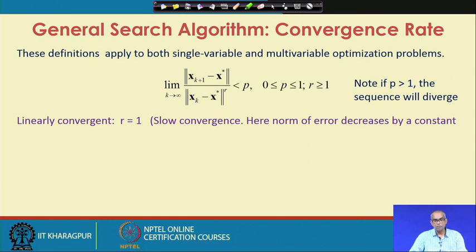We have presented the convergence rate for a numerical search algorithm when we talked about unidirectional techniques, optimization techniques for single variable functions. The same definitions apply for multivariable functions as well.